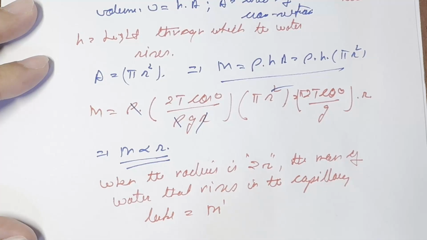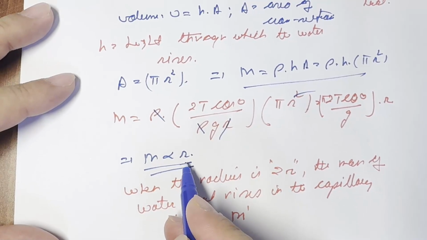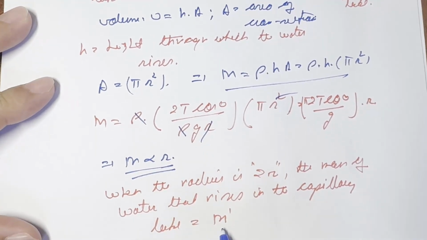Based on this equation, m is directly proportional to r, so m prime is directly proportional to 2r.